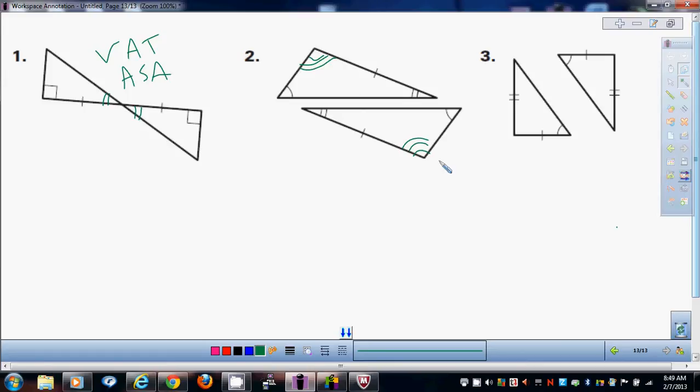Now, here's the thing about these. You don't really need your theorems. Just say to yourself what you have. How many sides do you have? Per triangle, you only know one side, right? What's the only one I gave you today with only one side in it?